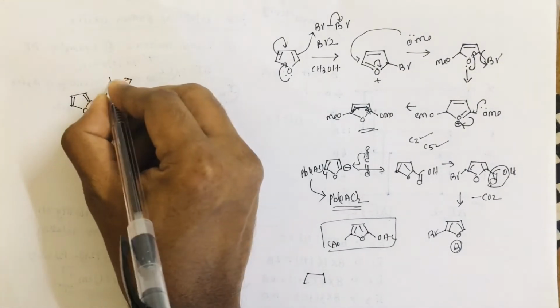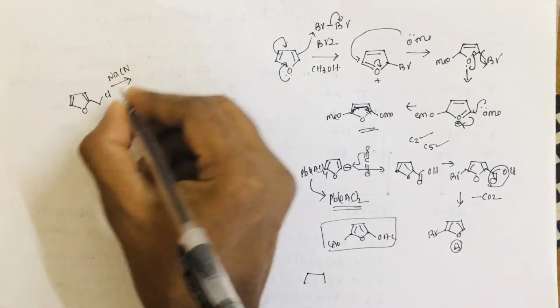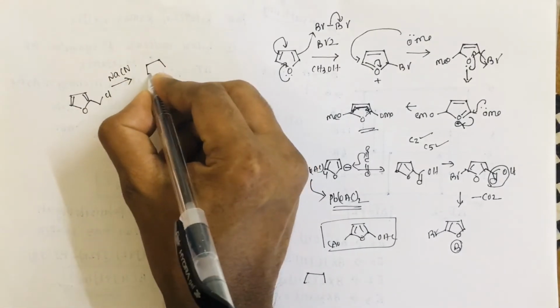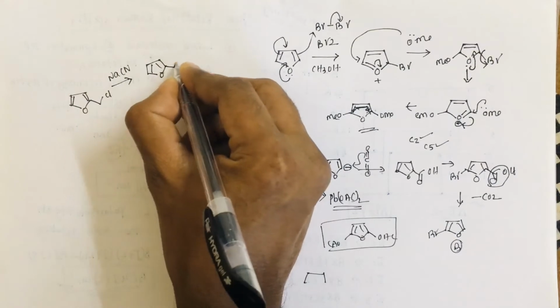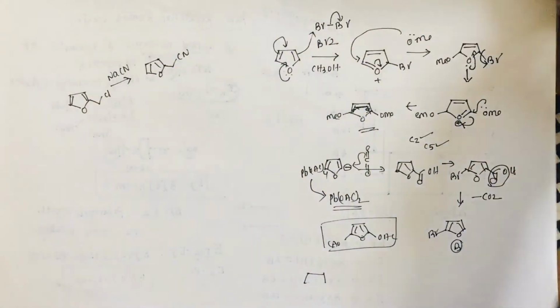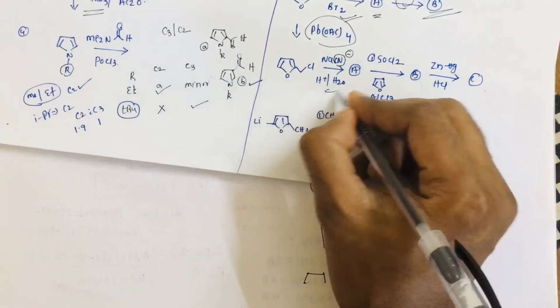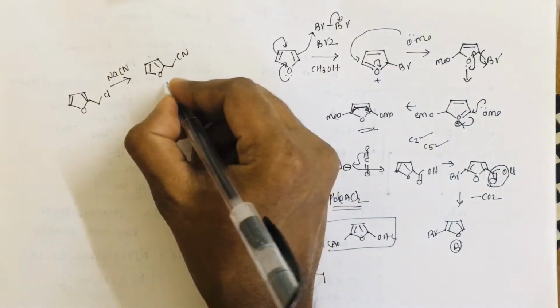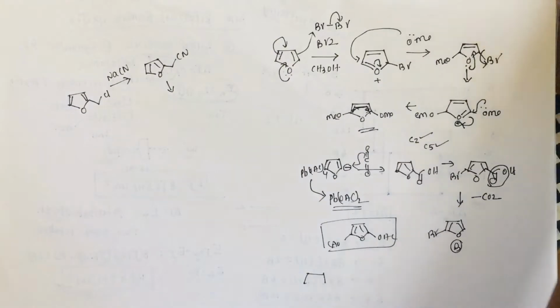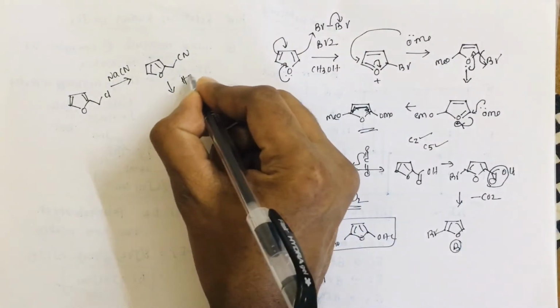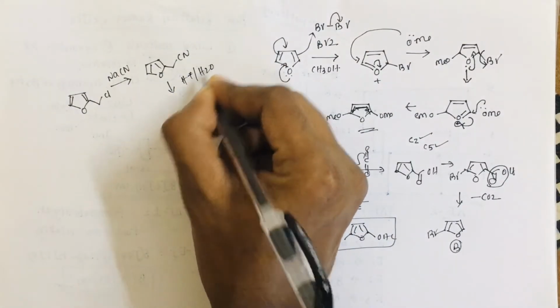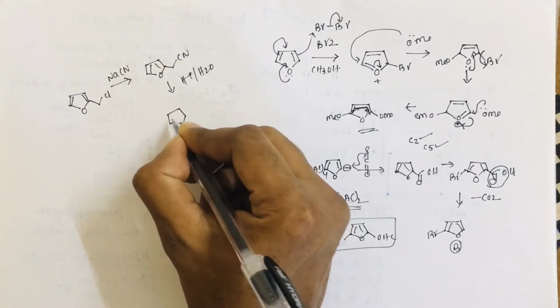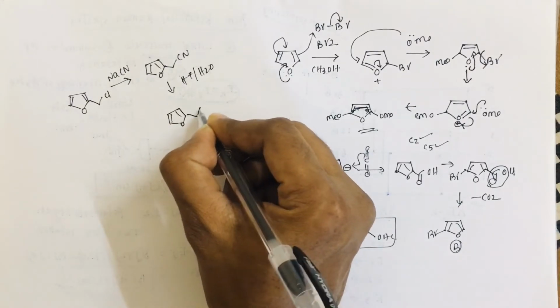In the presence of NaCN, the nucleophilic substitution takes place here. So this is the product. Okay, and next we have protonation here. We know that nitrile, if you do the acid hydrolysis, we will get a carboxylic acid. So H plus, H2O, this gets converted into carboxylic acid.